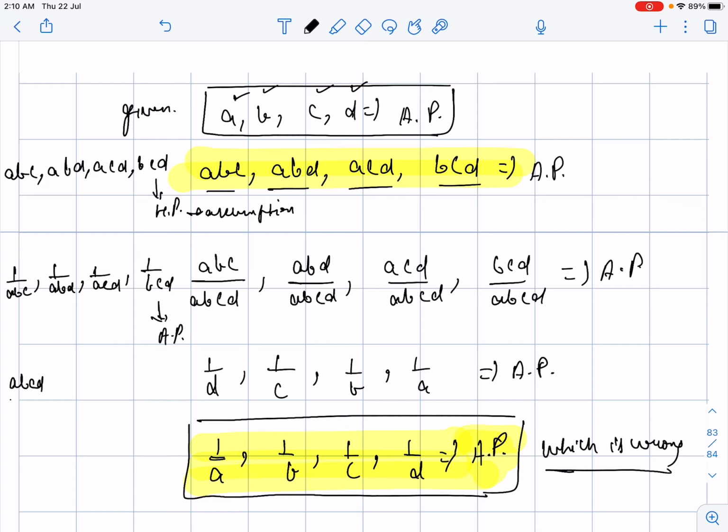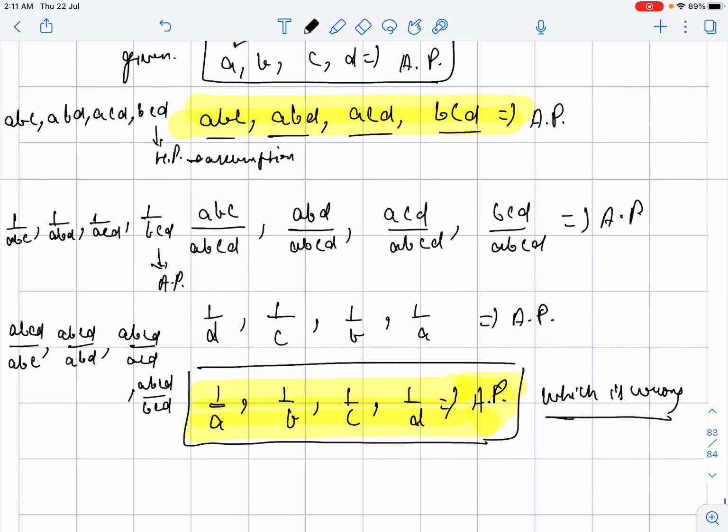So abcd divided by abc, then abcd divided by abd, then abcd divided by acd, then abcd divided by bcd. So we are going to get d, c, b, a over here.